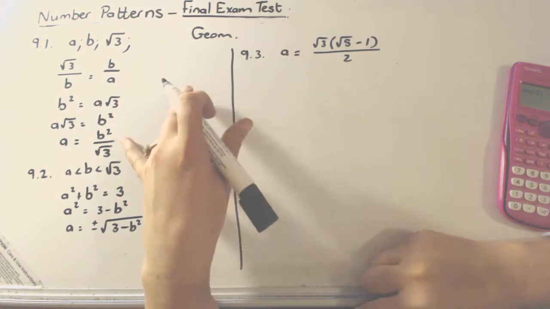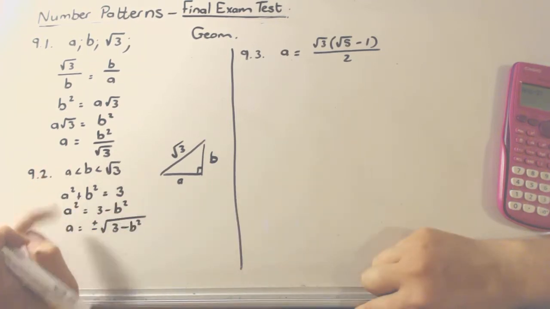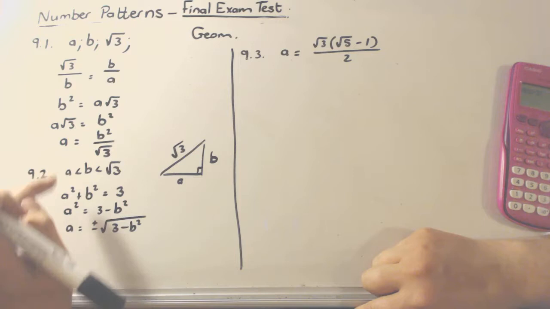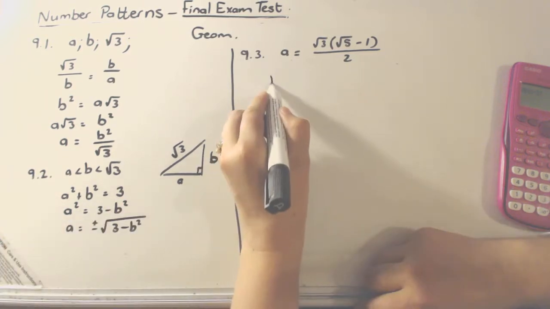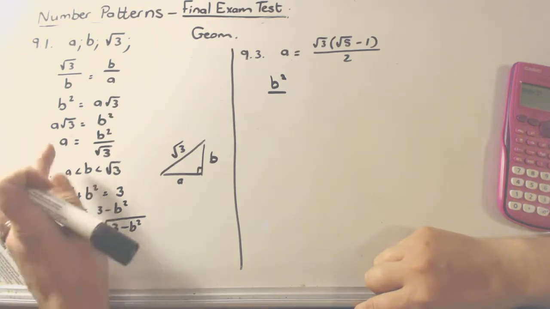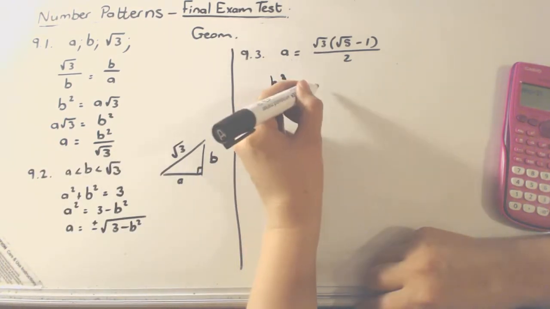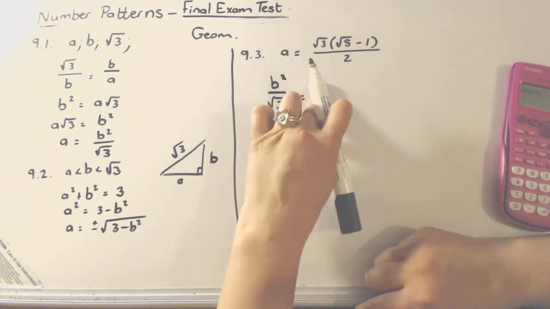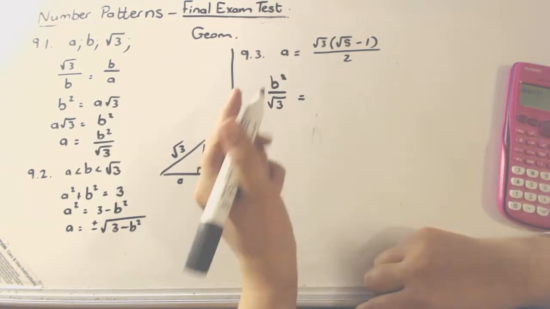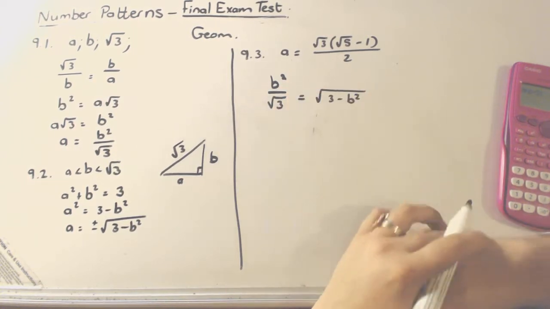Now I actually want this in terms of b, because if I have it in terms of a, then I can say that b squared over root 3 is equal to, I'm just going to work with the positive of that, 3 minus b squared.